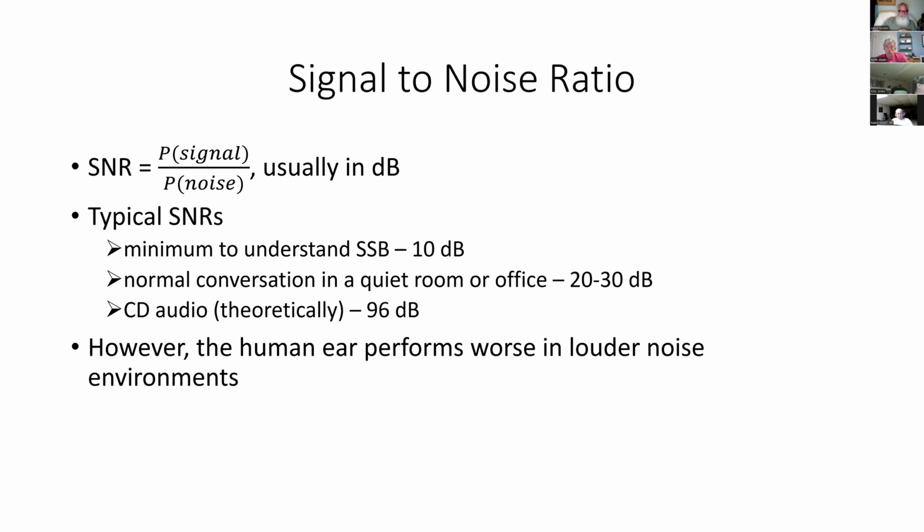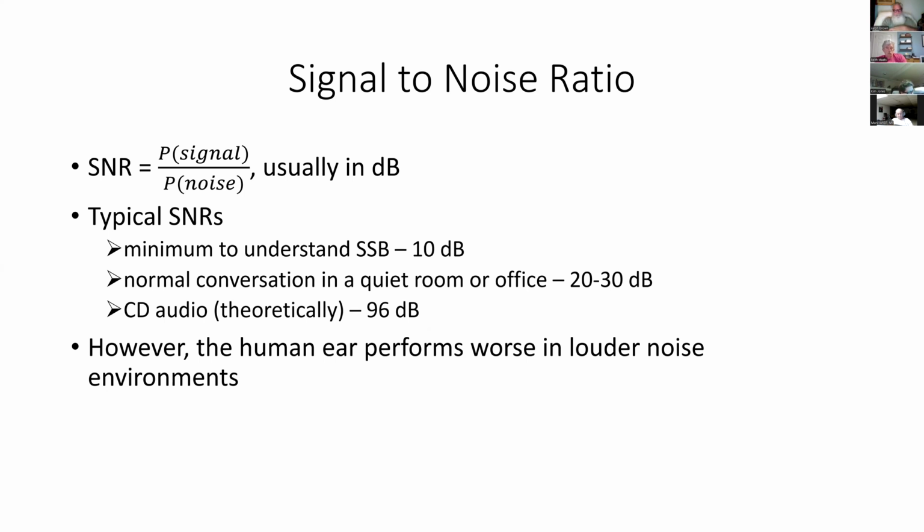Some people, especially who haven't had a lot of experience listening to SSB on high frequency, need a better signal to noise ratio. A normal conversation in a quiet room or in an office that doesn't have a lot of noise is typically 20 to 30 dB.